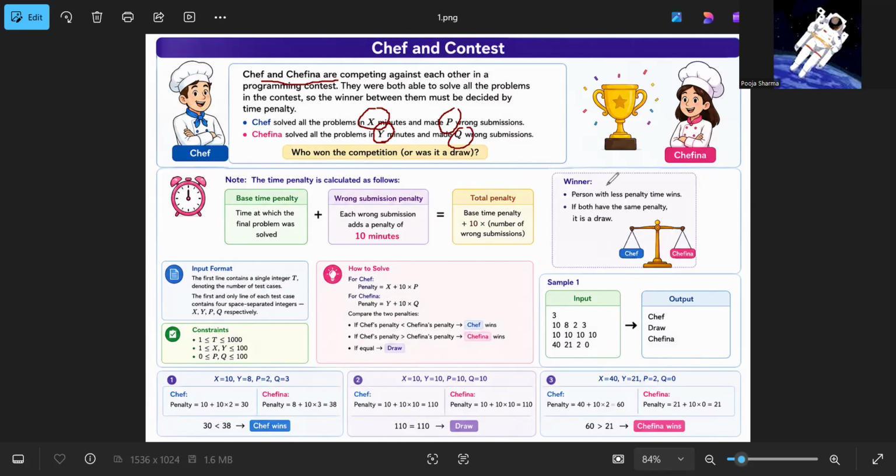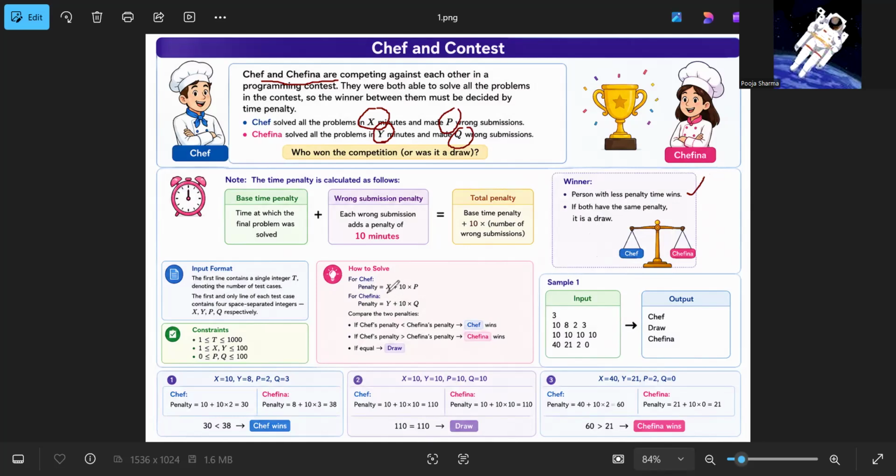The winner will clearly be the person with the lesser penalty time. That's it. We need to find out the penalty time, how much penalty each person has taken. Whichever penalty is greater, that person loses. So let's see how we find out the penalty.